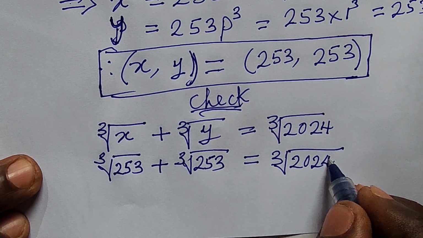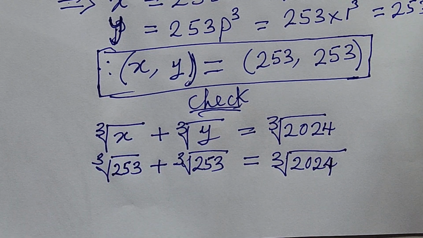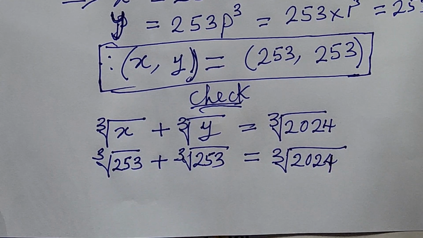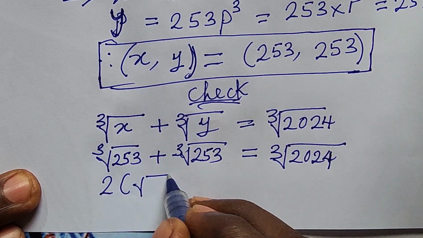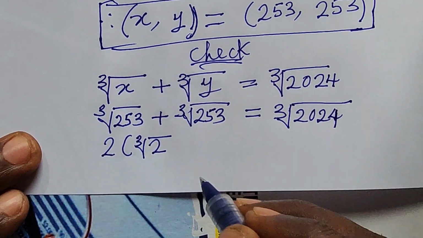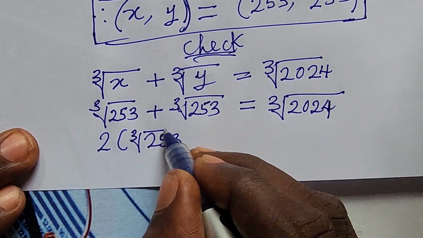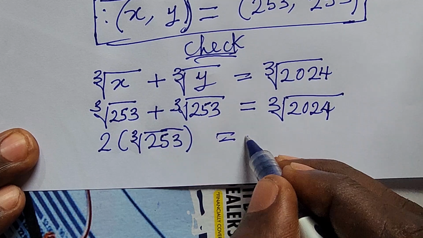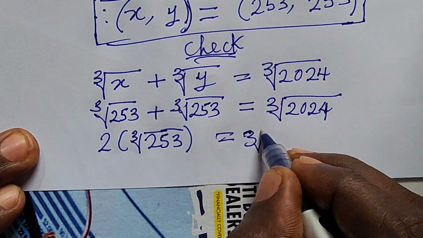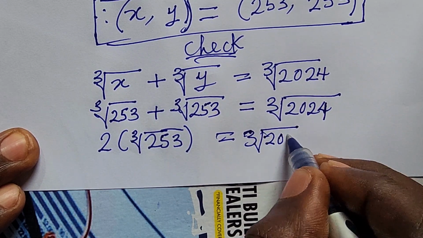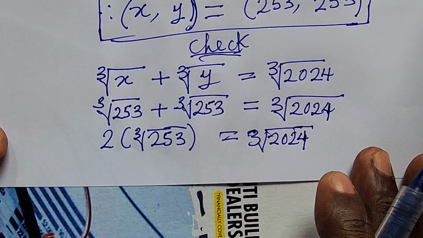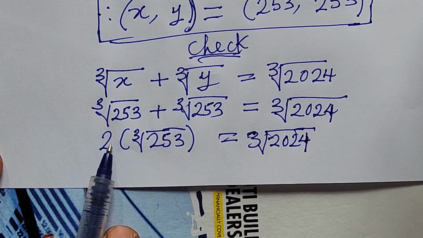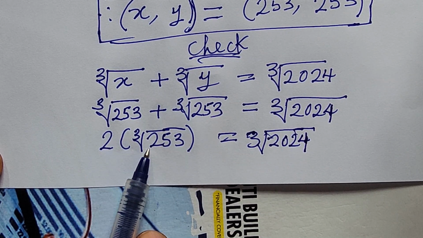All right, so according to the law of surds, we can add these two together. So this will now give us 2 into the cube root of 253 equal to the cube root of 2024. Now if we shift this 2 inside this cube root, that will be 8.